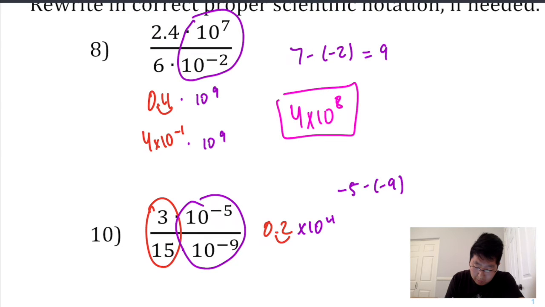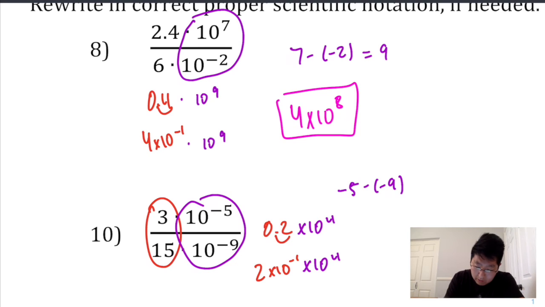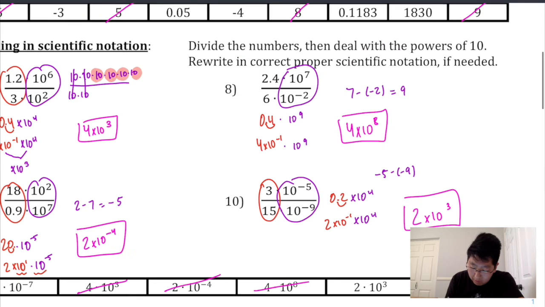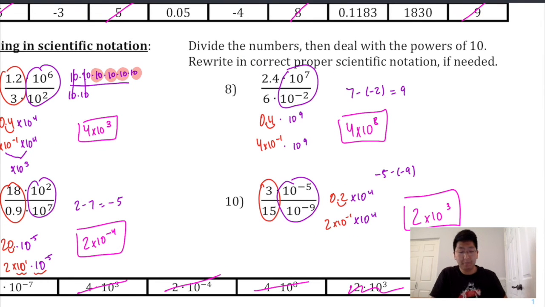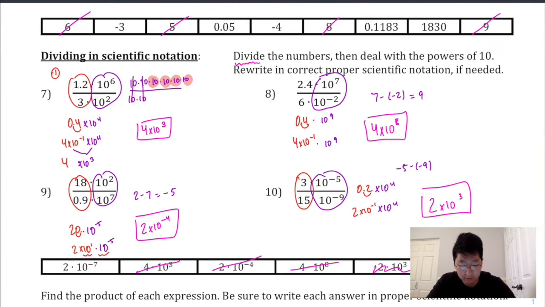Move this decimal over. 2 times 10 to the negative 1 times 10 to the 4th. And that gets us 2 times 10 to the 3rd power. Voila. Okay. So dividing is the same as multiplying. The difference is you divide the numbers. Okay. Sweet. Let's keep moving on.